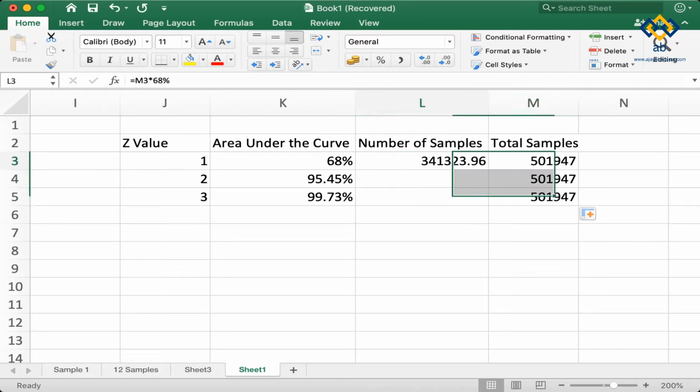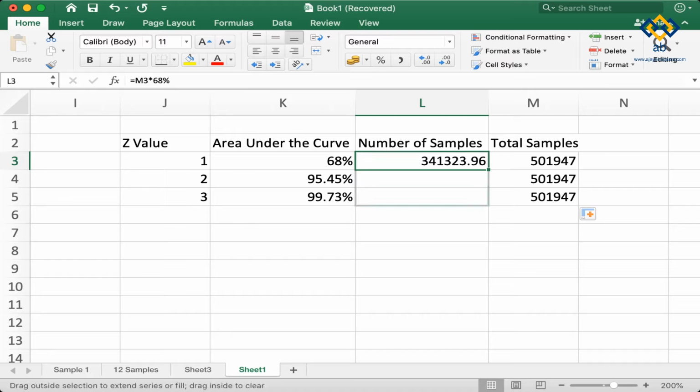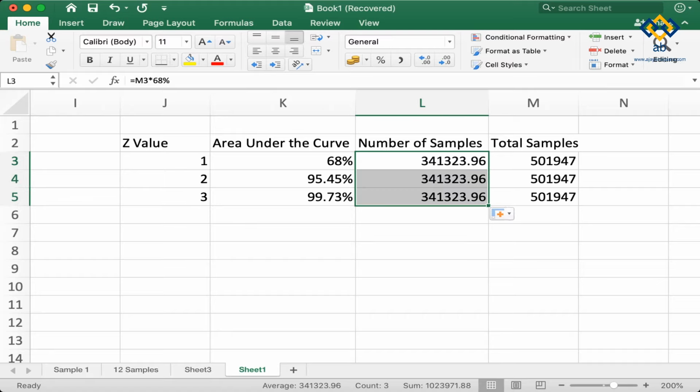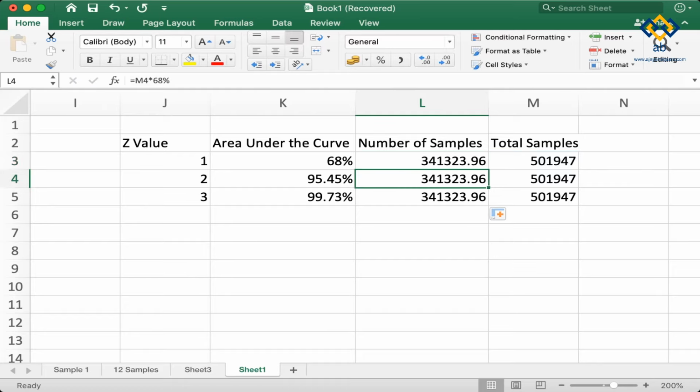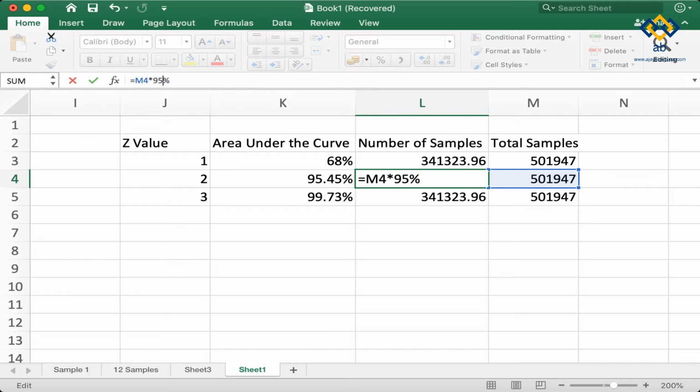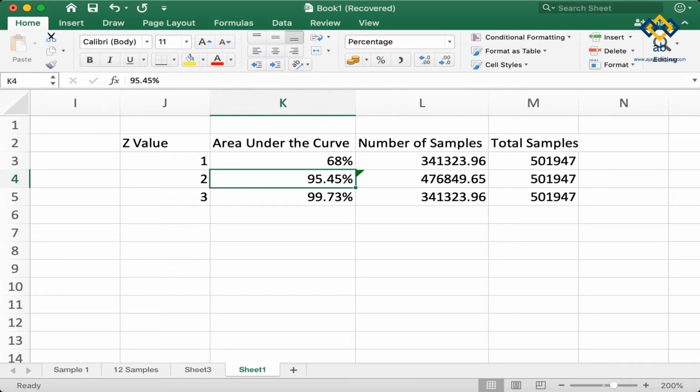I am also sending this down. No, it has to be a formula, not this. And 4. Okay, so this is this 68%. Now this value has to be 95%, because we have 95% samples here. This is 99%, so this value is to be 99%.